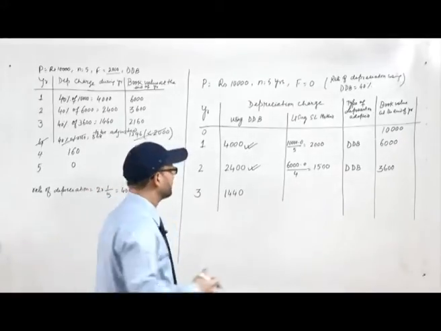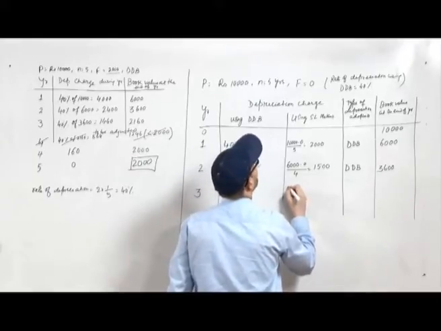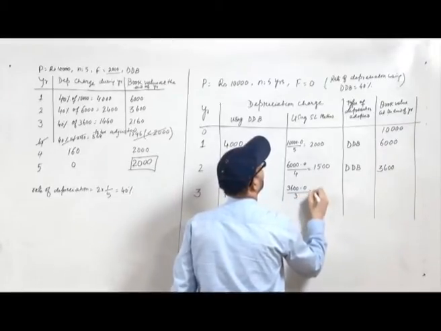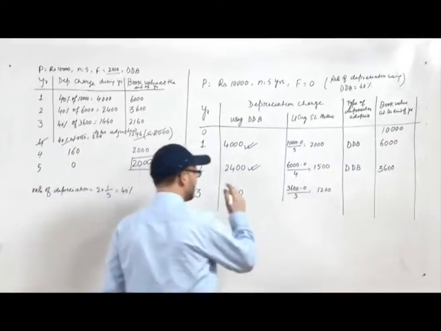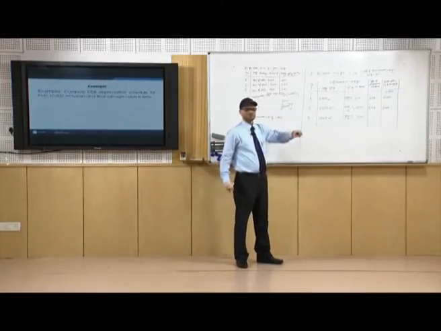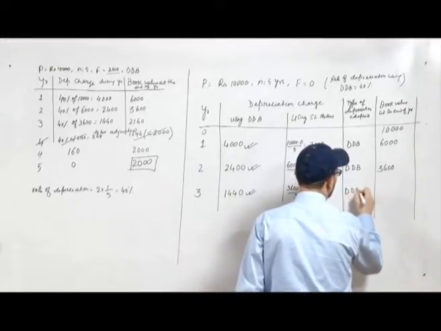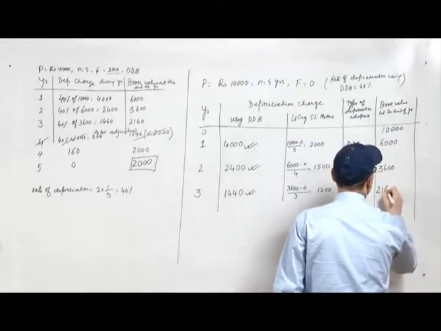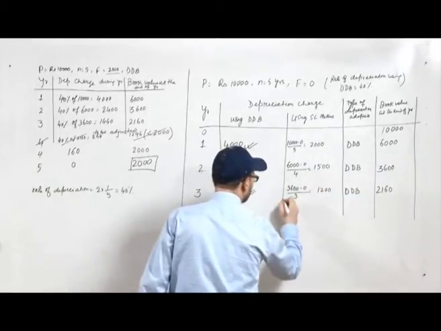So, the amount of depreciation will be 3,600 minus 0, divided by 3, that is 1,200. We still see that the depreciation using DDB is larger, and that is why we will further go to DDB, and our book value will be 2,160.